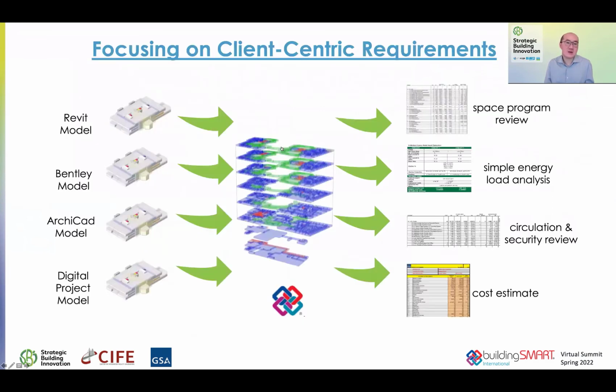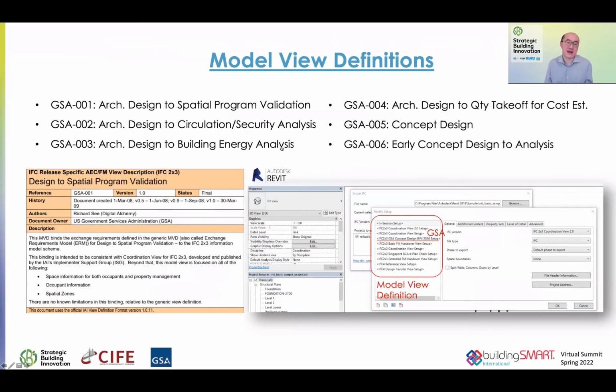Between 2003 and for the next decade or so, we have been focusing on the client-centric requirements, such as space, energy, circulation, security, or quantity, that needed us to really come up with an understanding of what the specifications are.